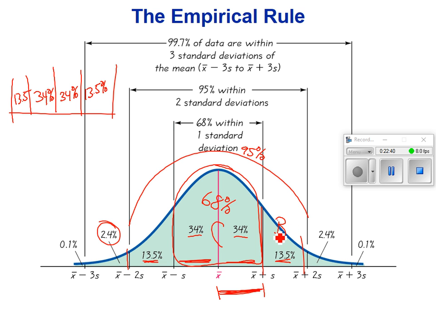B. And then only about 2.4% of grades should be an A. Then if we go the other way, another 13.5% should be a D. And about 2.4% should be an F. That's what the grades are supposed to be.